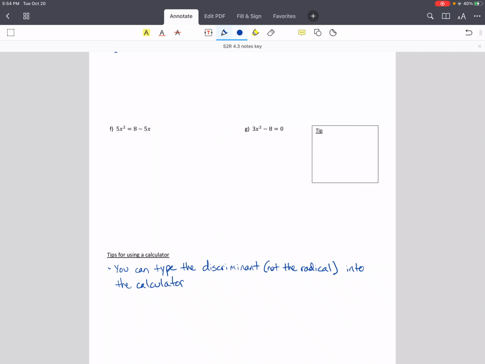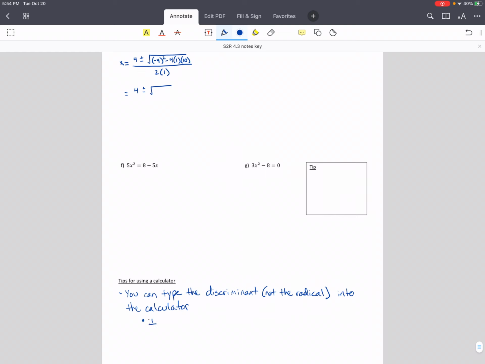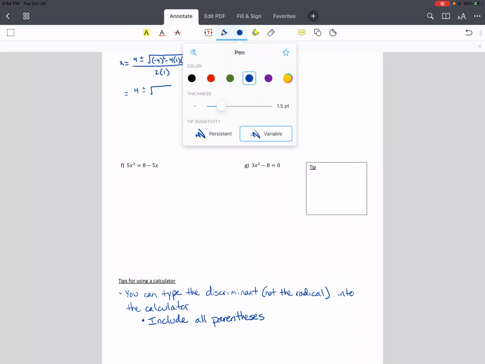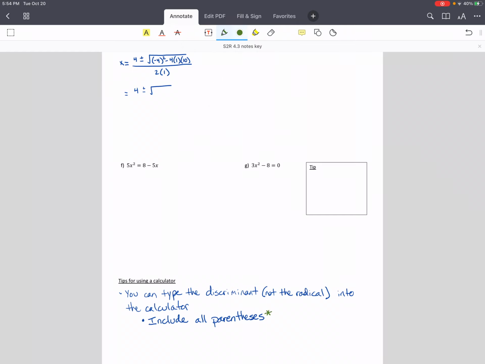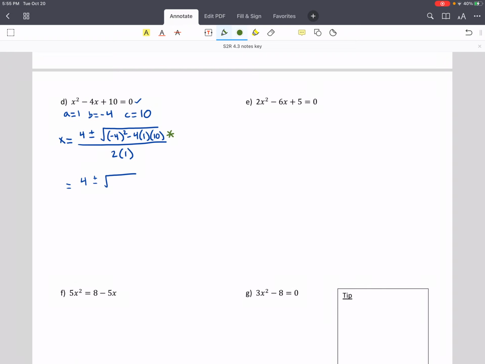When you're typing this into the calculator, another tip for you: I want you to include all parentheses. Here's what I mean. If I look at this example, you see how I have the parentheses, -4 being squared?